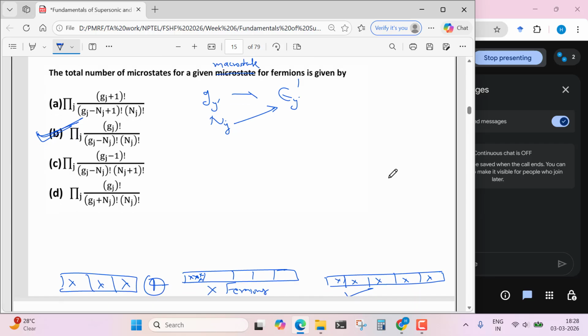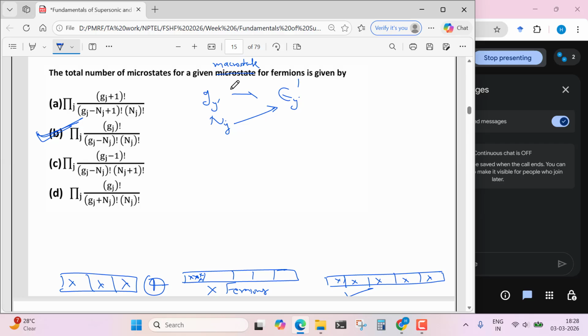Now let's see what happens for fermions. The total number of microstates for a given macrostate for a fermion is given by option A, pi j (Gj plus 1) factorial upon (Gj minus Nj plus 1) Nj factorial.